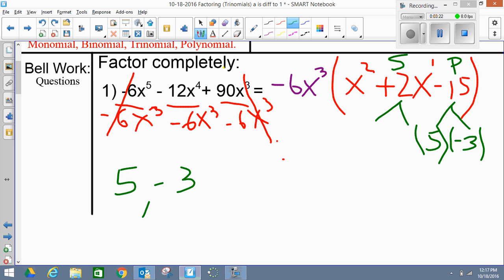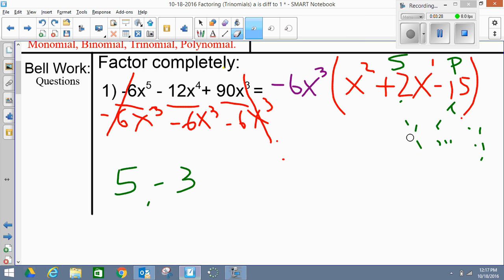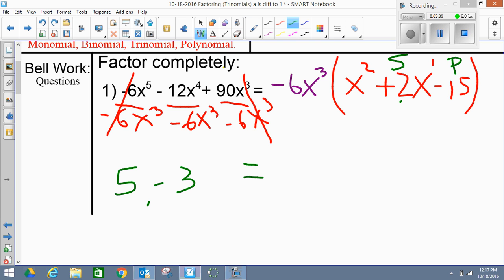so I can erase what I have here. So now I'm going to erase all this on the bottom so I can factor underneath of that. Okay, so equals, whatever, 5 and -3, I'm going to remember that.